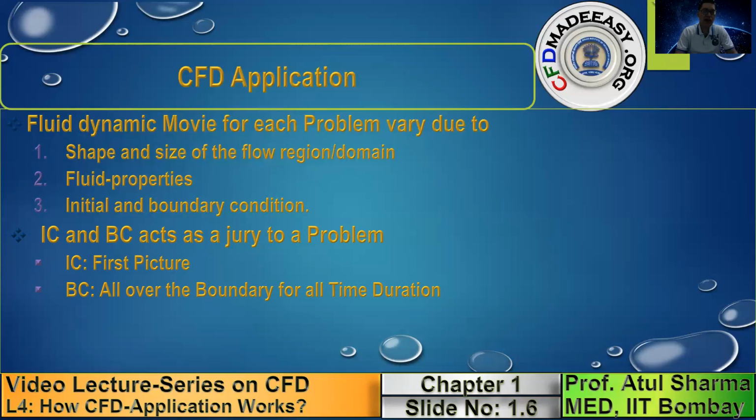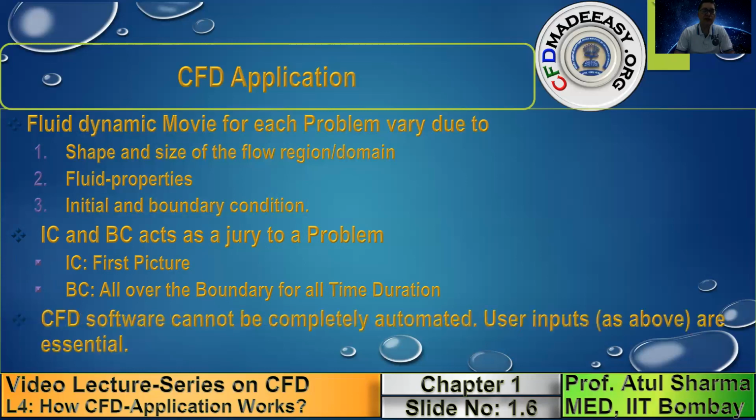So the boundary conditions give you the value of the flow properties at the boundary grid points for all time durations. CFD software cannot be completely automated. User inputs, as I mentioned above, are the shape and size of the domain, fluid properties, and initial and boundary conditions. These are essential for doing a CFD simulation.